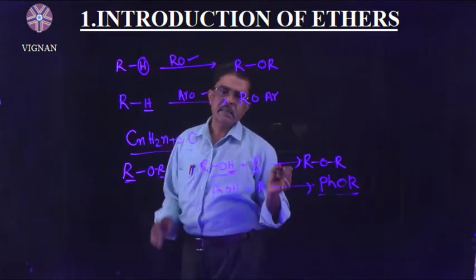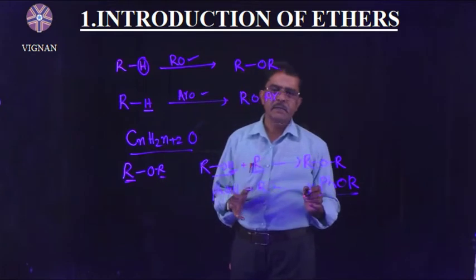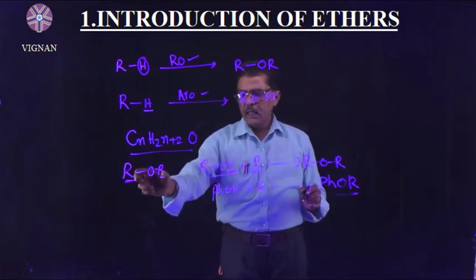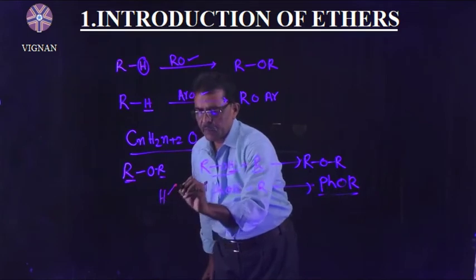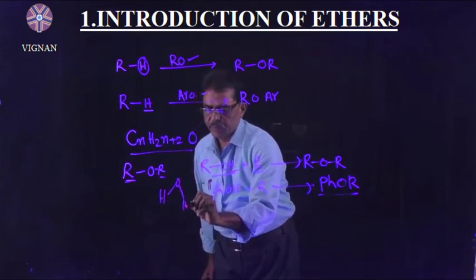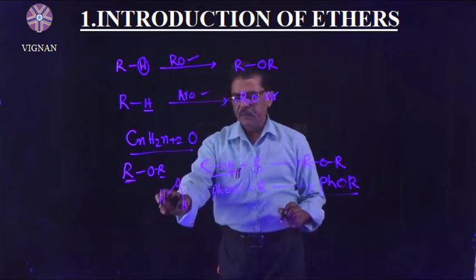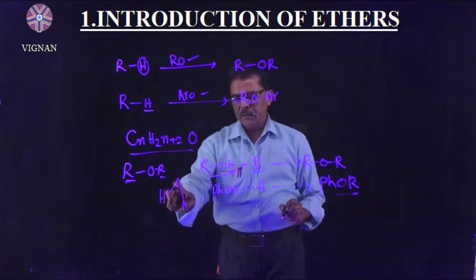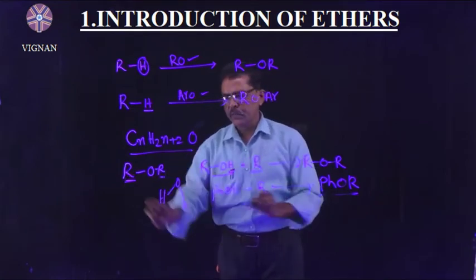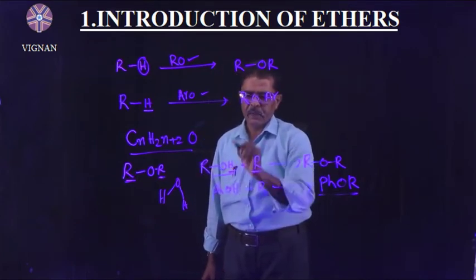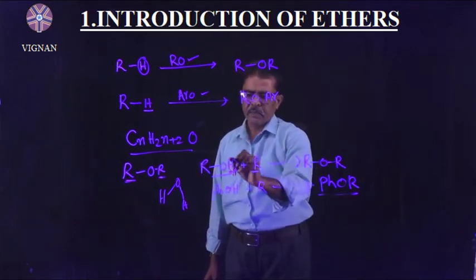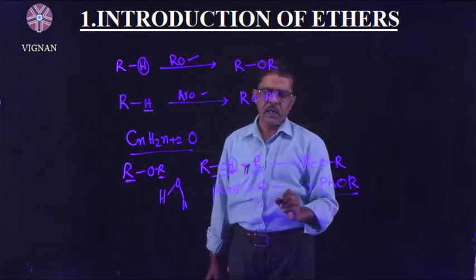So ethers are named as dialkyl substituted derivatives of water. Water, you know, has the formula H2O. In the case of water, 2 hydrogen atoms are substituted by alkyl groups. In the case of alcohols and phenols, one hydrogen atom is substituted with an alkyl group.